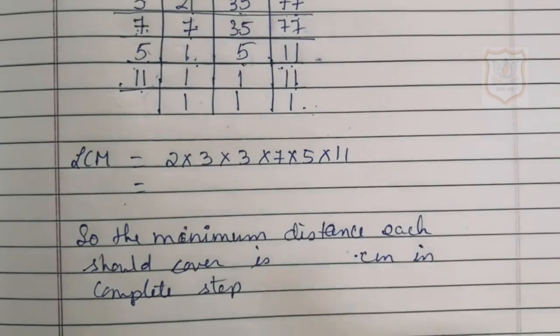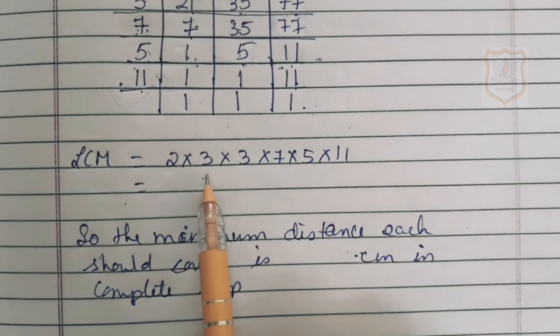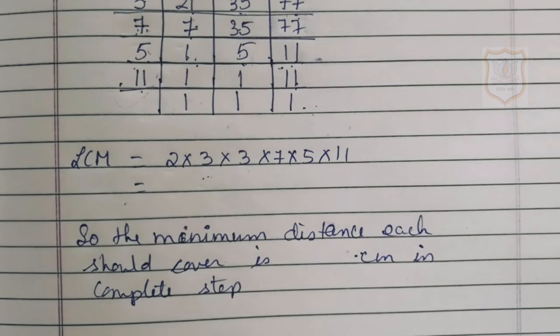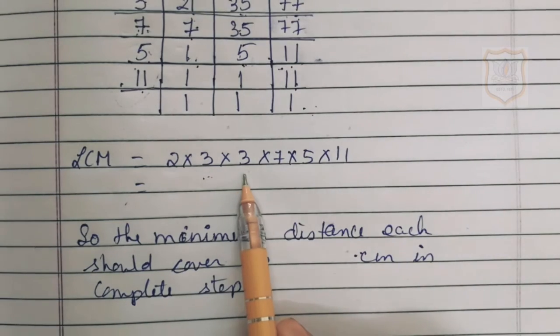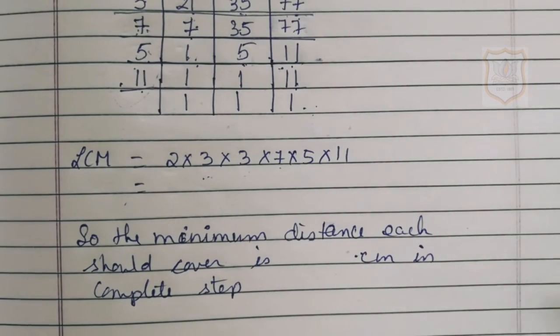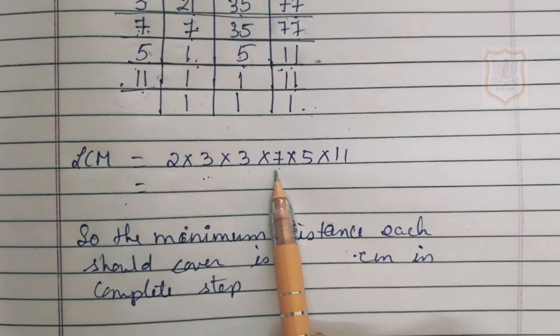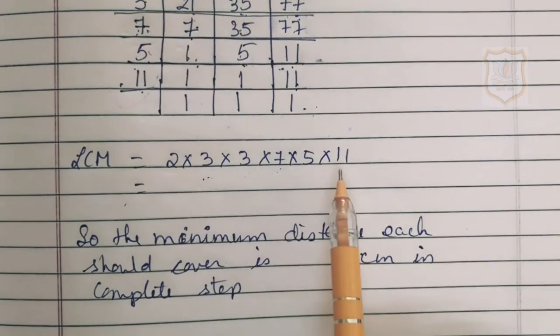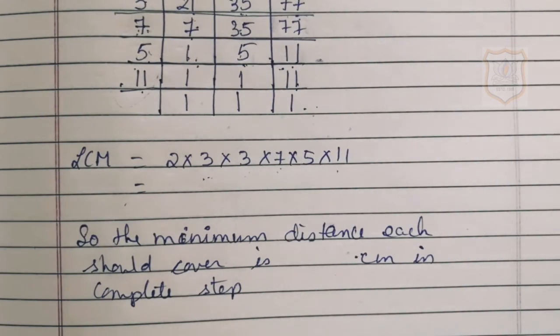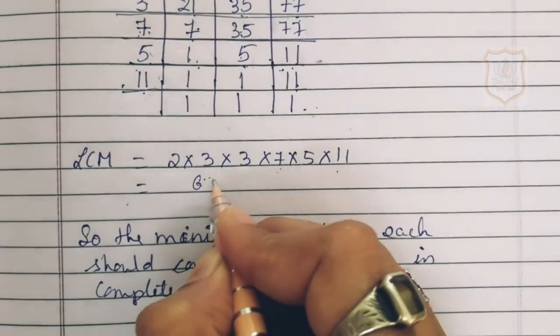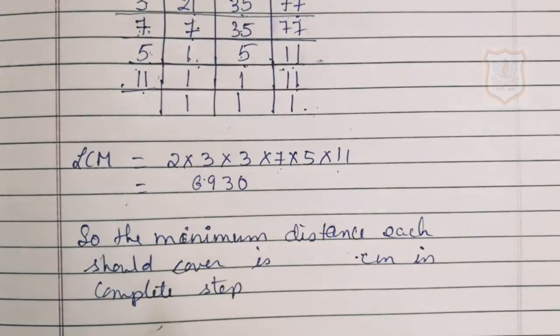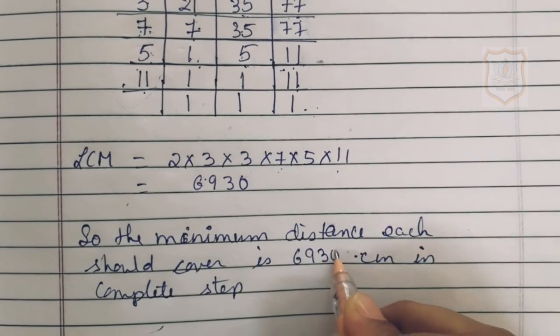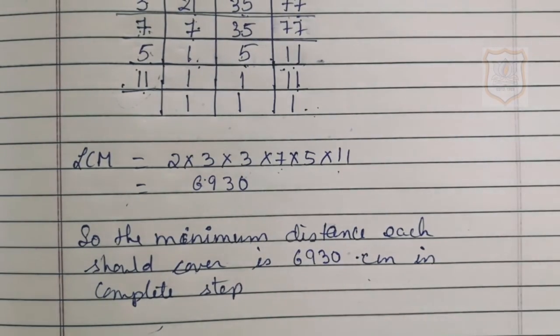Now students, 2 multiplied by 3 is 6 and 6 multiplied by 3 is 18 and 18 multiplied by 7 is 126 and 126 multiplied by 5 is 630 and 630 multiplied by 11 is 6930. So the minimum distance each should cover is 6930 centimeter in a complete step.